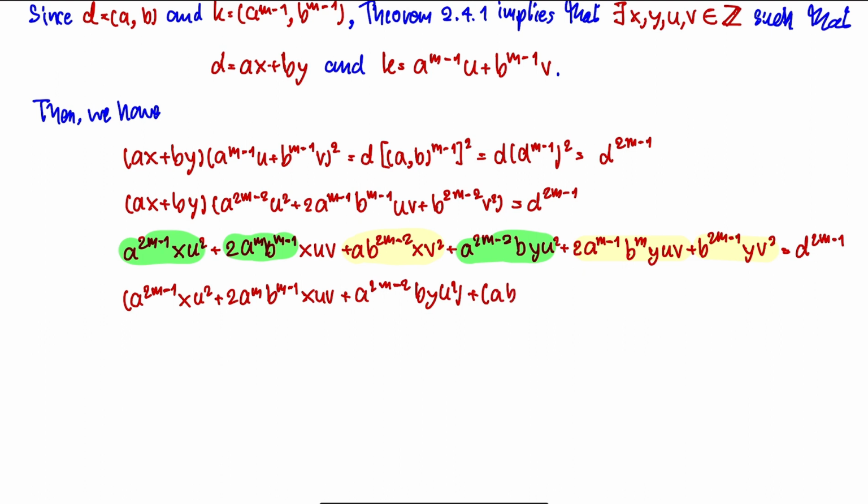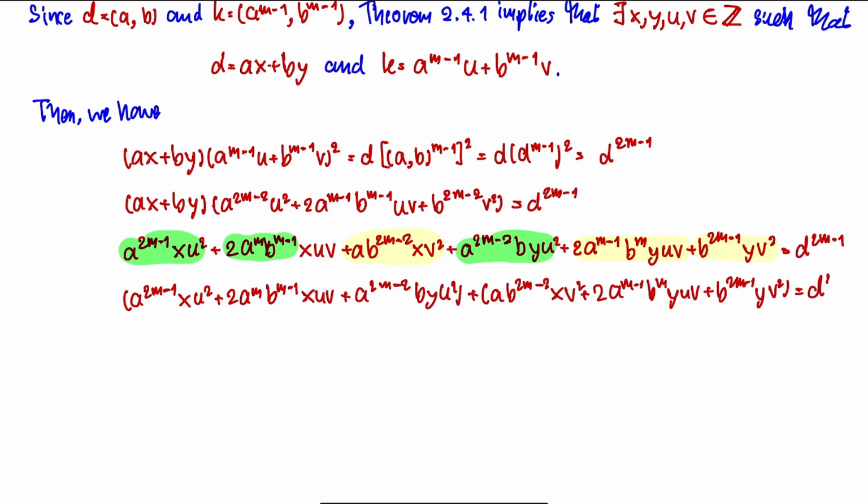We can have a b raised to the power of 2m minus 2 x v squared, plus 2a to the m minus 1 b to the m y u v, plus b to the 2m minus 1 y v squared.